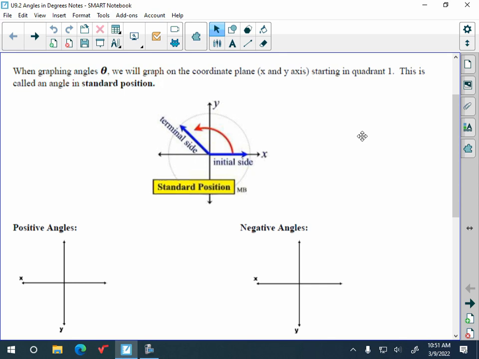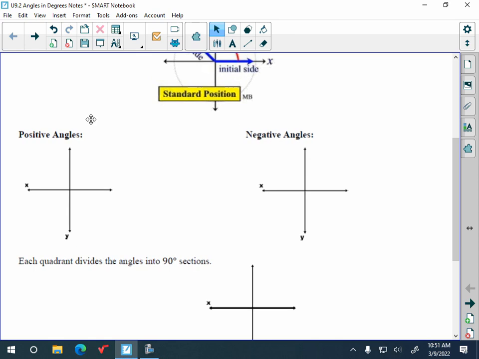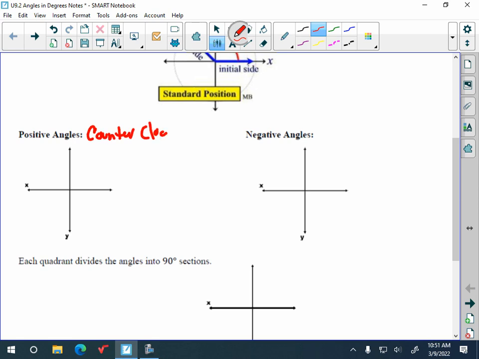Now, it can rotate in the positive direction or in the negative direction. So we're going to get positive angles and negative angles, and we're going to be working with both. Positive angles are always going to be rotated in the counterclockwise direction. When we sketch this, that's our initial side, the ray that never moves, and then we can rotate the terminal side.